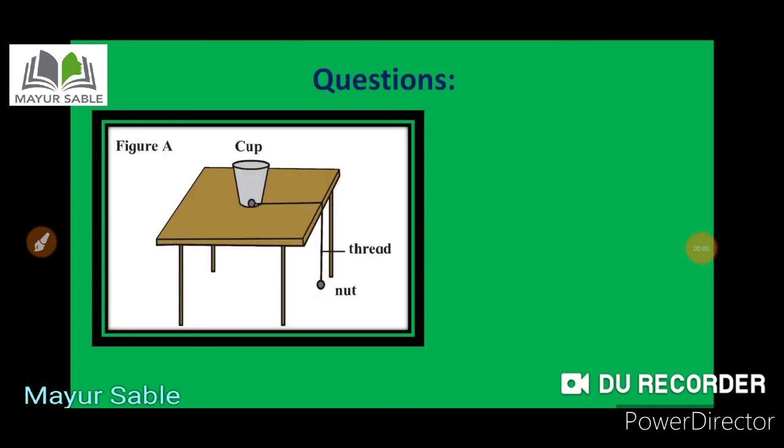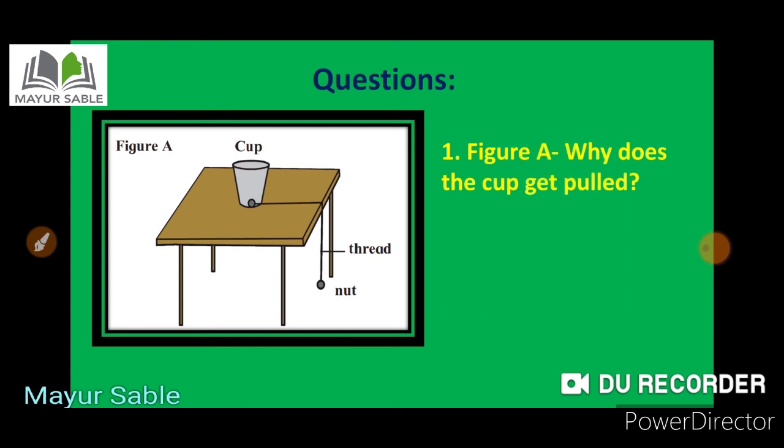So now we have to give answers to some important questions on the basis of the observation of this figure. You will notice that this is figure A. The question is, why does the cup get pulled?